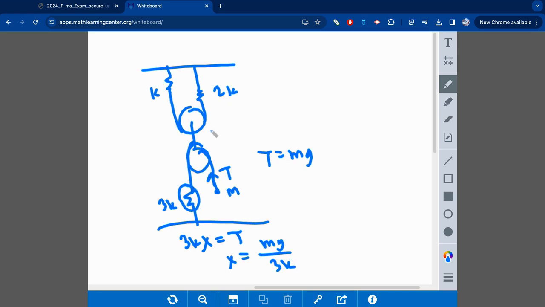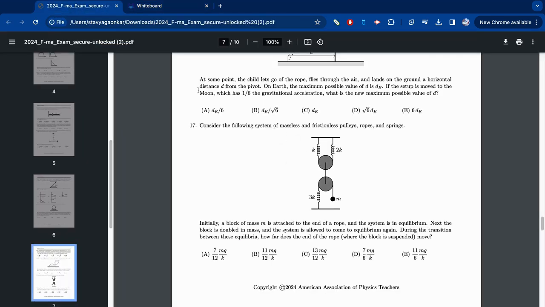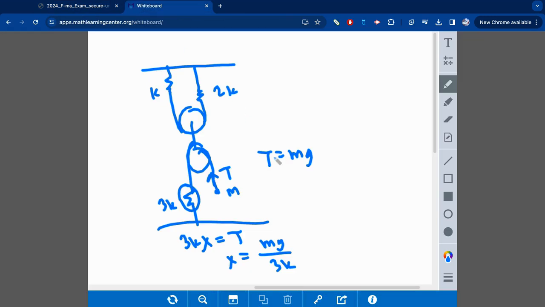And then for this one, well, we're given that the pulleys are massless. And so what forces are acting on this pulley? So we have a downward tension here and a downward tension here.